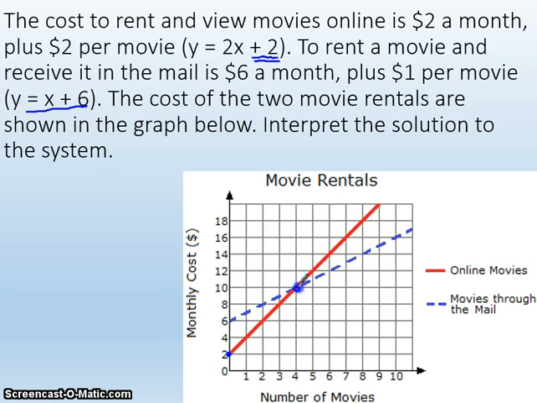Now, the solution is going to be where they cross. Well, they cross at (4, 10). Remember, this is x comma y. So the x value of 4 means 4 movies, and 10 is the y value, which is the monthly cost. So $10.